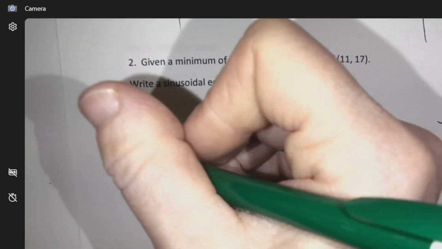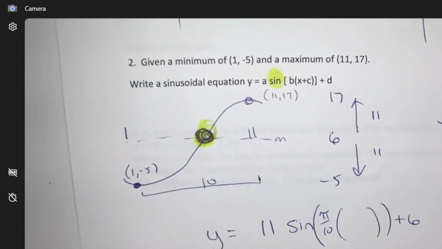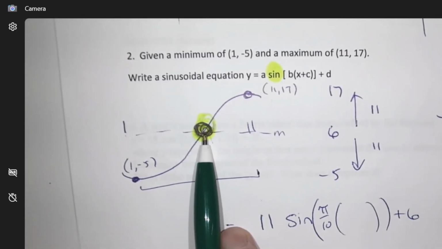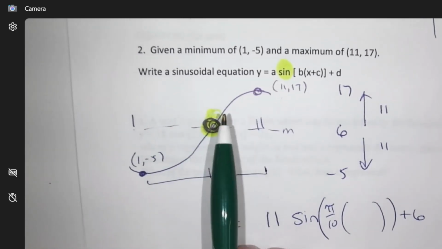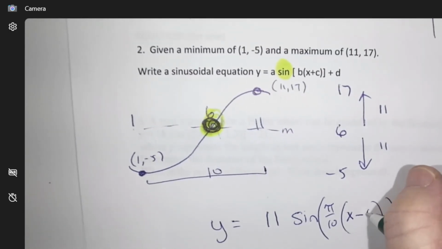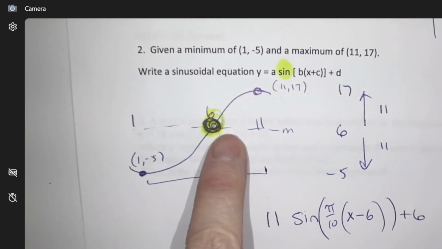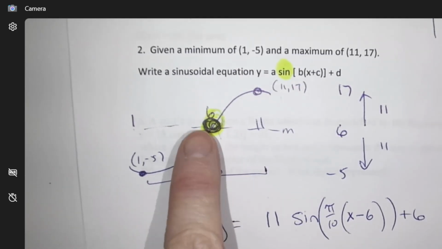This had an x coordinate of 1, and this one had an 11. So what's the x value right here? 6. So I'm going to go x minus 6 because this has moved it right 6.